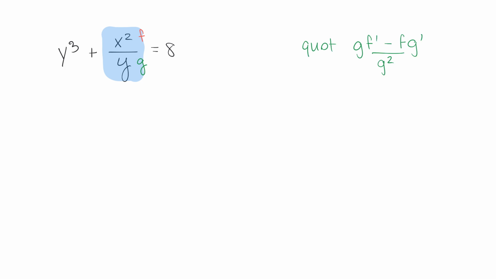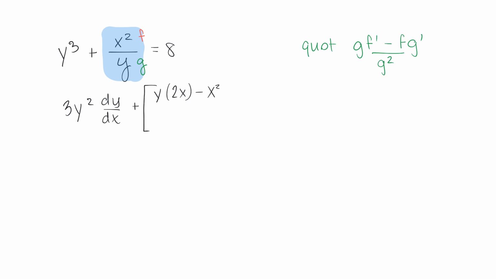Okay, so y cubed is 3y squared dy dx plus quotient law. G is y. F prime is 2x minus f, x squared.